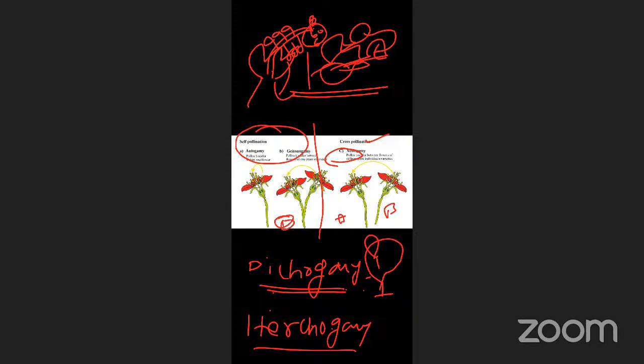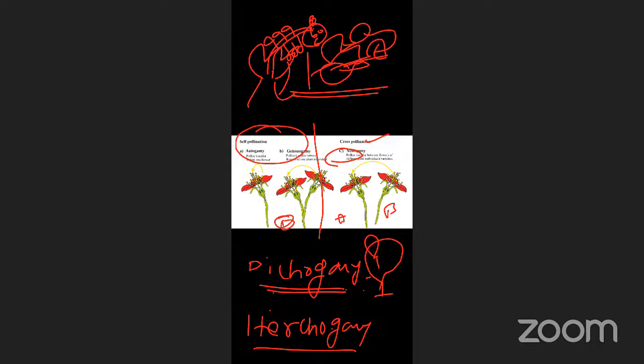Simple. And next, what about biotic pollination? Living organisms. What are those living organisms mainly involved? Generally we see insects, birds, and bats also.